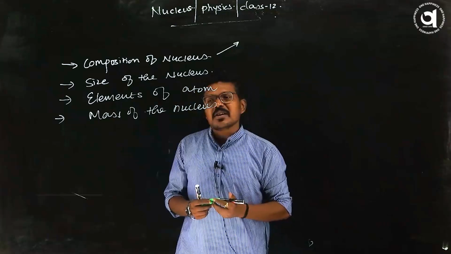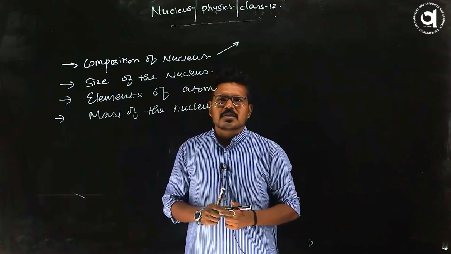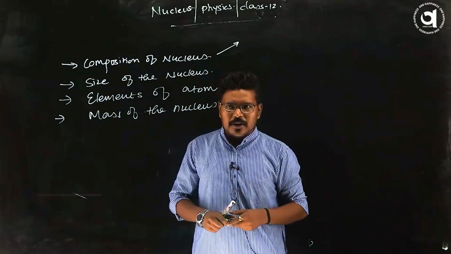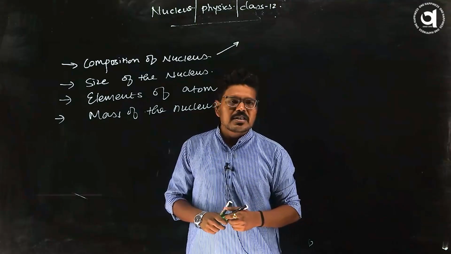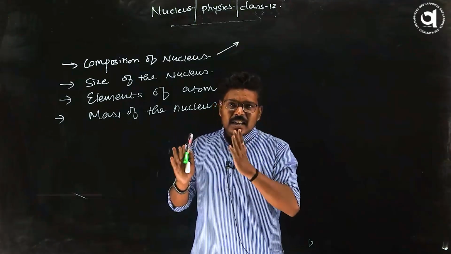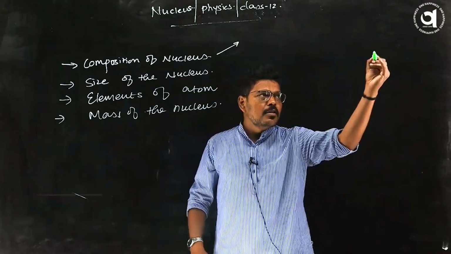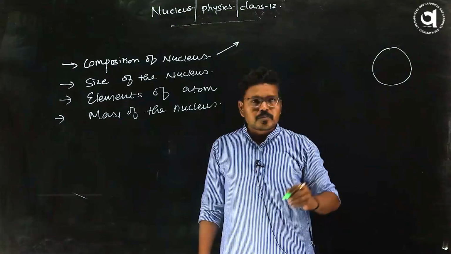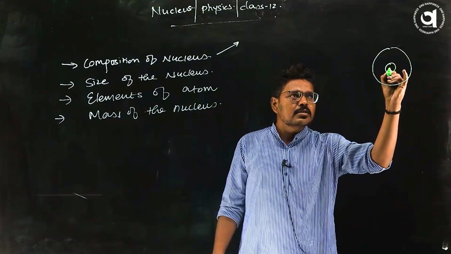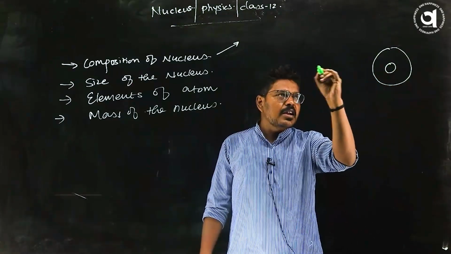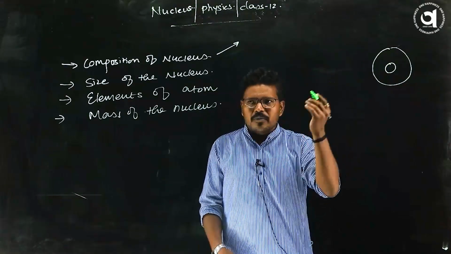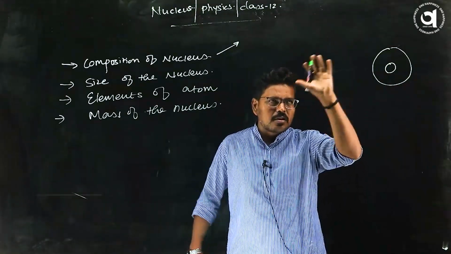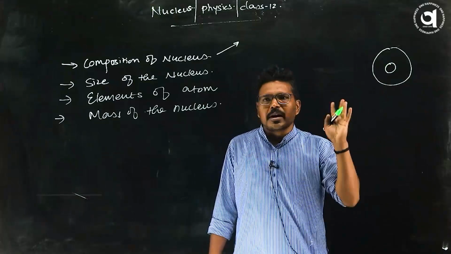In the previous chapter we discussed the Rutherford model of an atom. In that we discussed that when an alpha particle is bombarded on a gold foil, suppose this is the alpha particle, this is its nucleus. We have seen the configuration of the experiment.